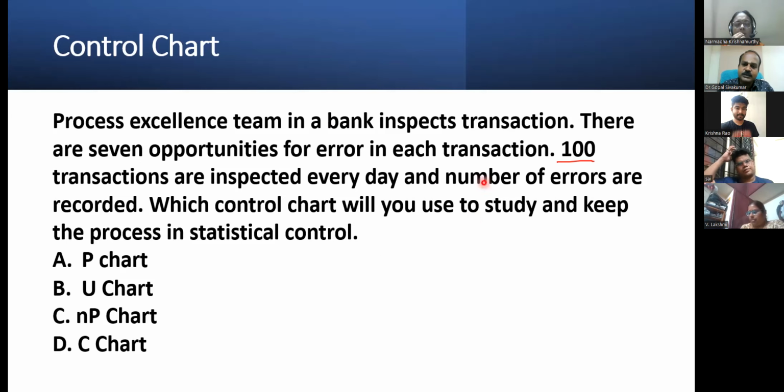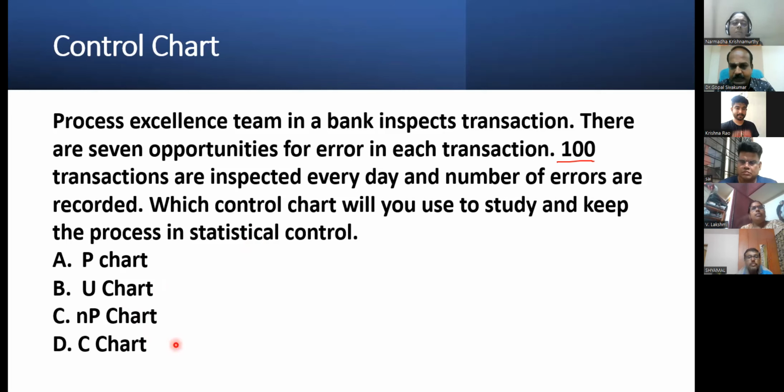Once you know you are monitoring defect, there are 2 options, C chart and U chart. The P and NP are meant for defective. Within C and U, when the sample size is constant, you go for C chart. When the sample size is variable, you go for U chart. We should appreciate Bharat for giving the right answer.